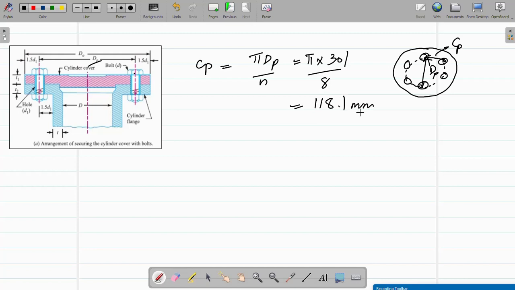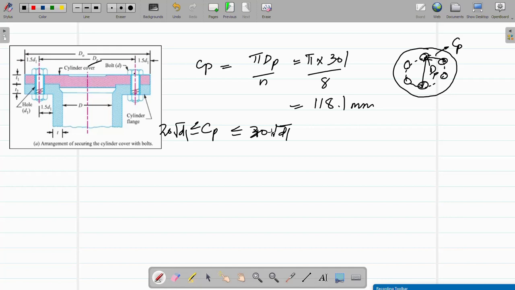Standard says that if your design is leak proof, your CP must lie within the range of 20 under root d1 to 30 under root d1. As per standards, this is a check value.